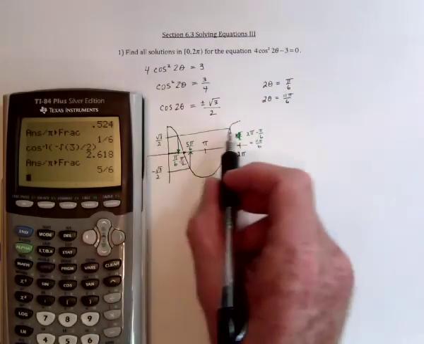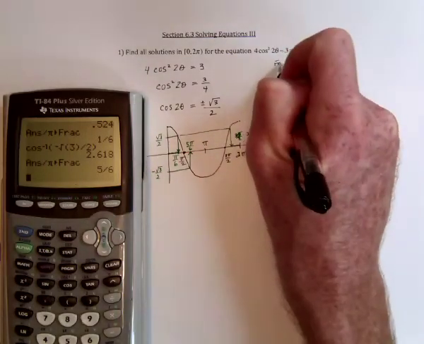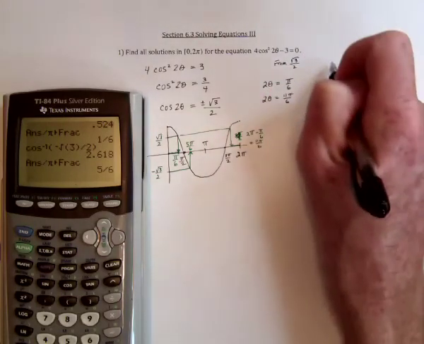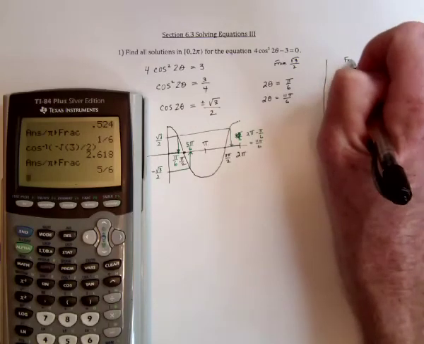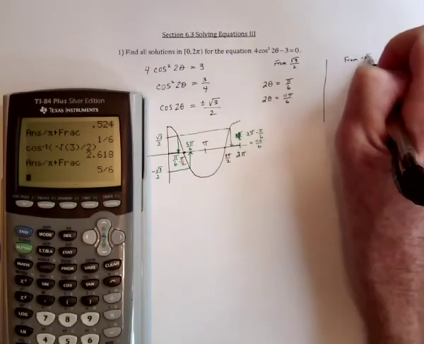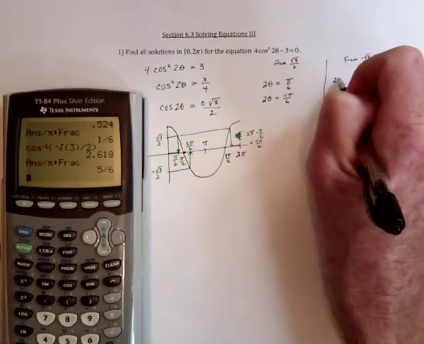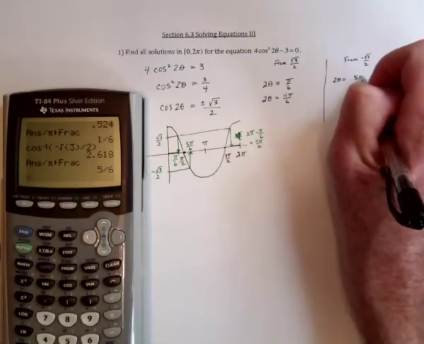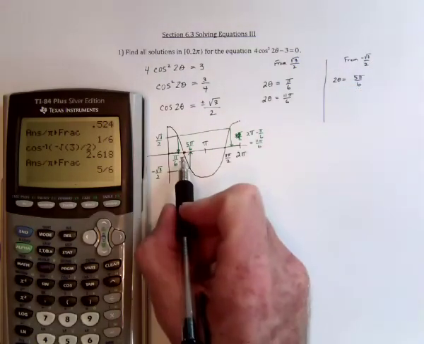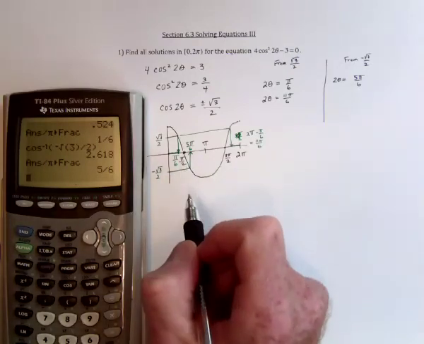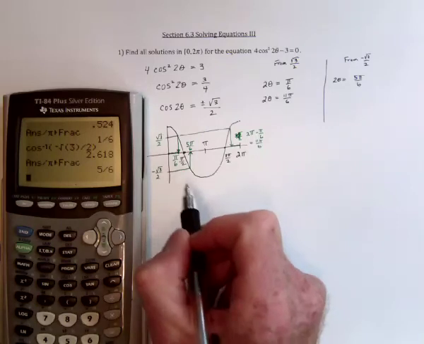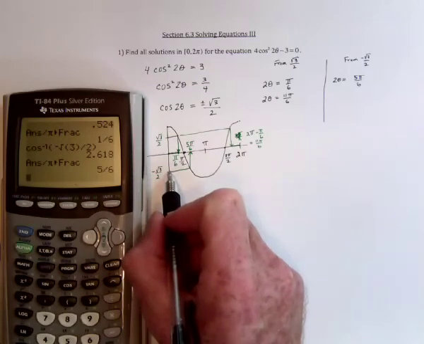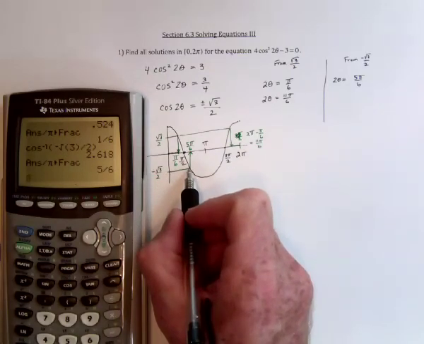Now these two solutions come from this line up here, so that's coming from the positive square root of 3 over 2. And then from the negative square root of 3 over 2, we've got 2 theta equals this one, 5 pi over 6, which is saying, okay, I started right here, when the function is at its highest, and then go over by 5 pi over 6.